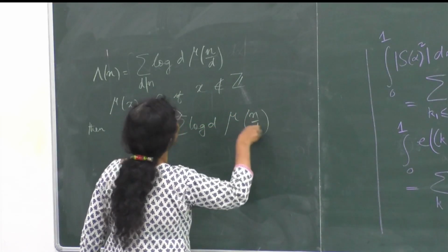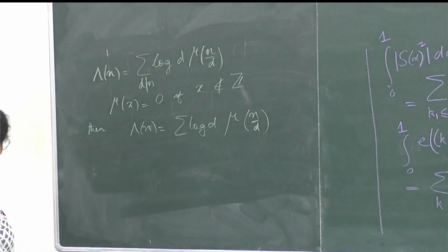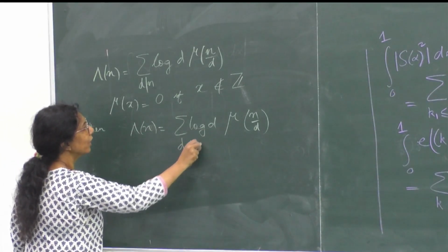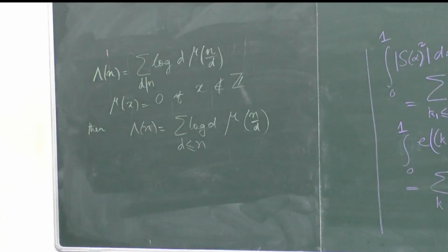But now I don't say that d divides n. I say for all d up to n. Unless I said that mu of x has a meaning outside the integers, I would not be able to say this.